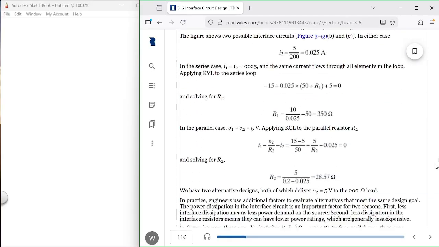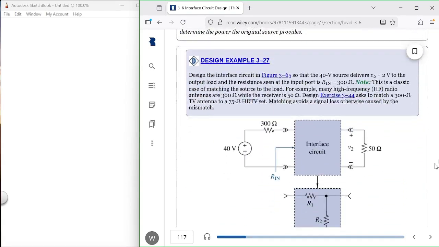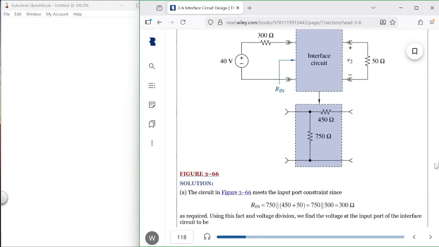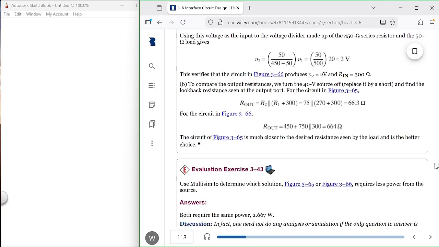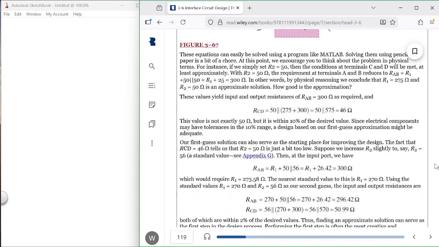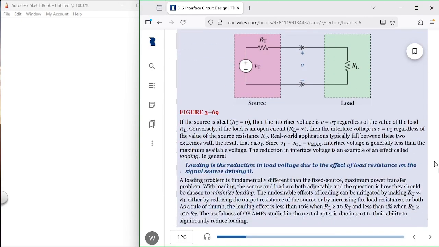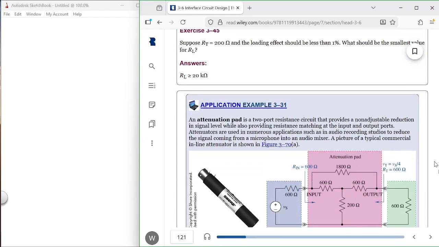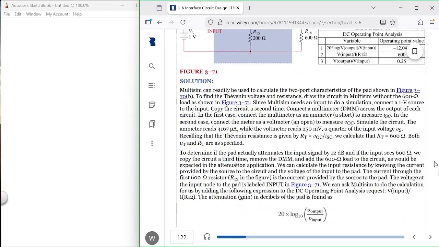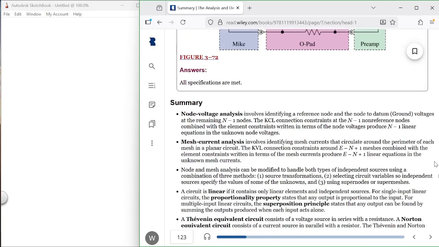We may not get through all these problems today. I don't care. We'll pick up where we left off. A lot of interesting things in this book.